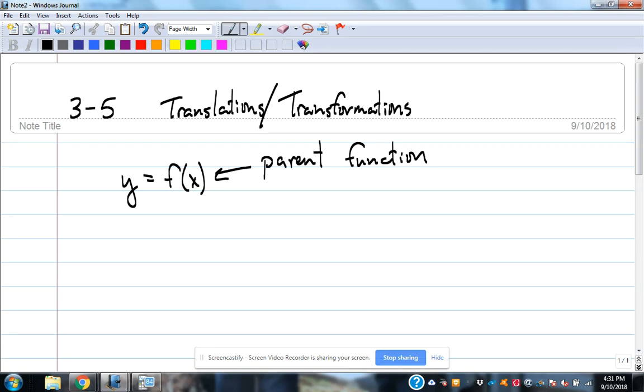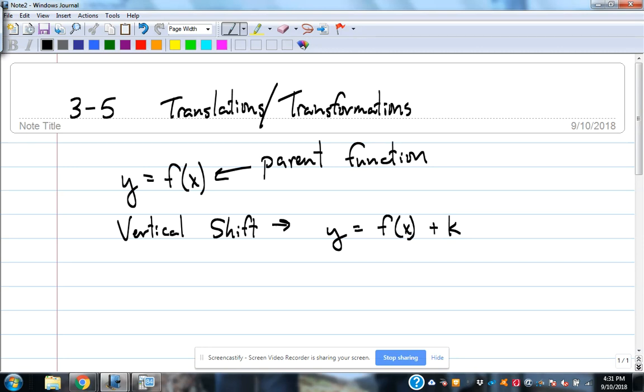All right, so based on that, there are some things that can happen. There can be a vertical shift. A vertical shift just means we take the picture of the graph, we don't stretch or shrink it, we just move it up a certain amount, whatever amount they add. That vertical shift looks like this: you take the parent function and you add some value, or if you're moving it down, it'd be subtraction.